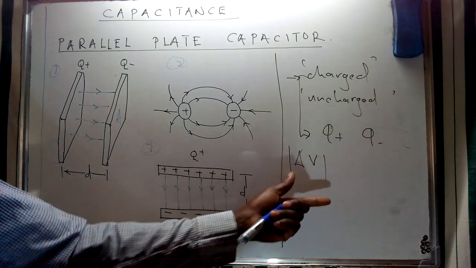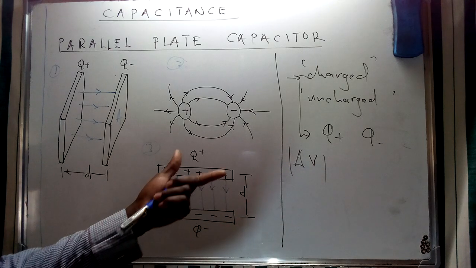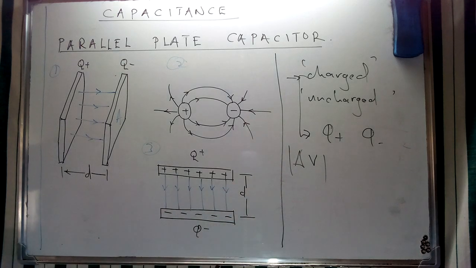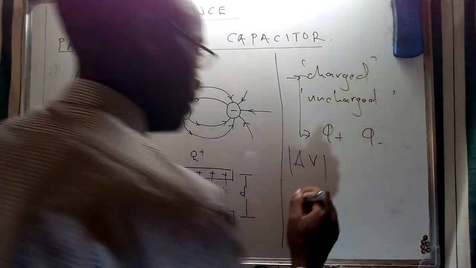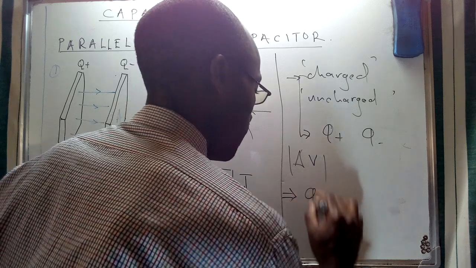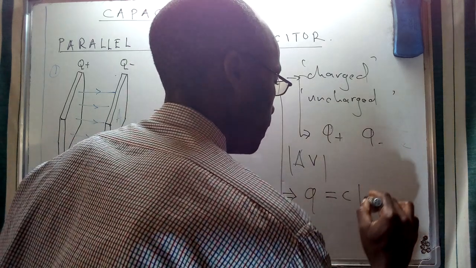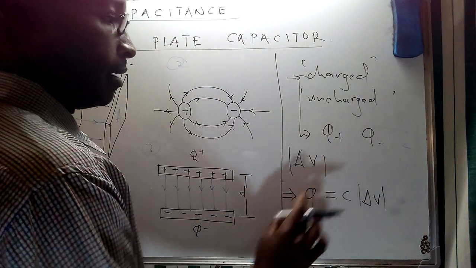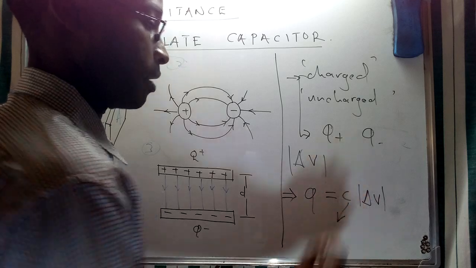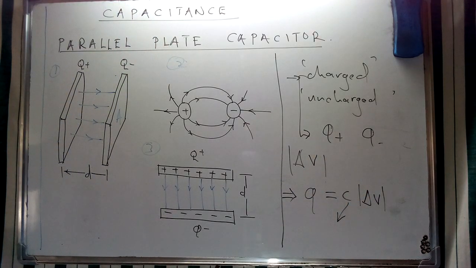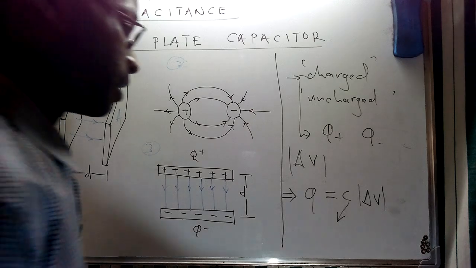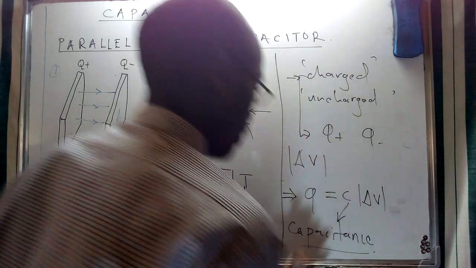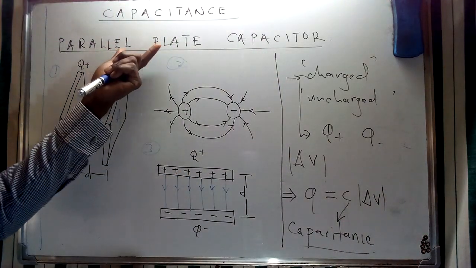Experiments have shown that the charge stored in these capacitors is linearly proportional to the electric potential difference, which gave us an idea to develop an equation to represent this relationship: Q is linearly proportional to the potential difference, but with the inclusion of a proportionality constant, a positive value given as C, which refers to the concept of capacitance. Therefore, this is the aspect we're going to consider depending on different configurations.